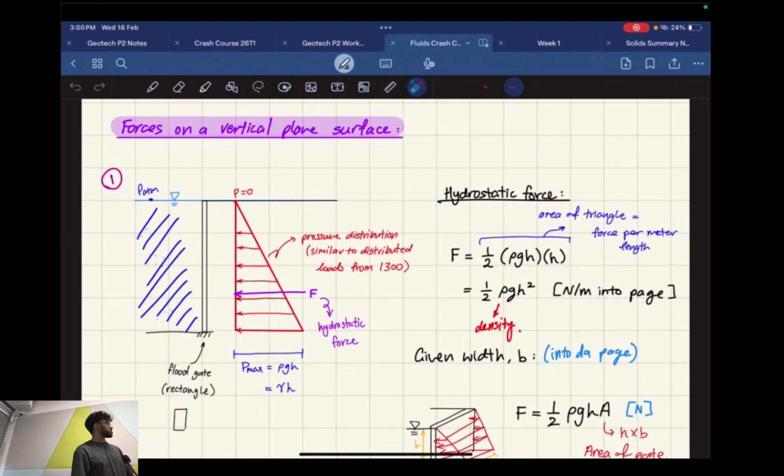That will apply a force onto this gate or this vertical body. We call that force a hydrostatic force, so it's force due to a fluid.